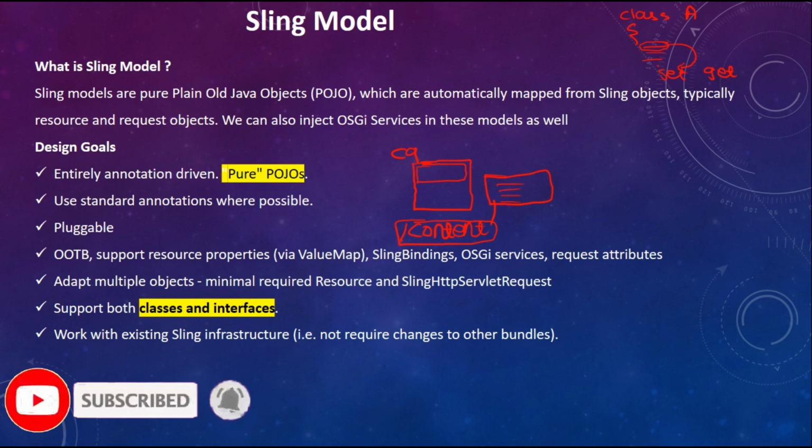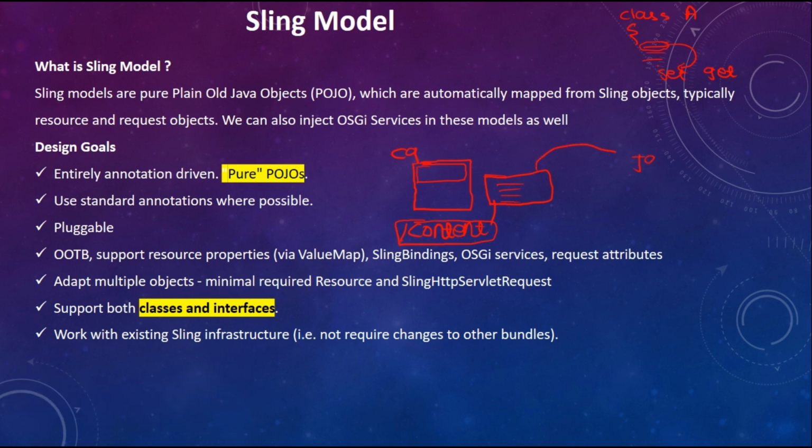So if you want this data inside your Java, and Java is nothing but your Sling model, the user has entered this data and I want it inside my Sling model. How can I get it? We don't need to worry about anything. If you want something from the CRXD, there we have resources.